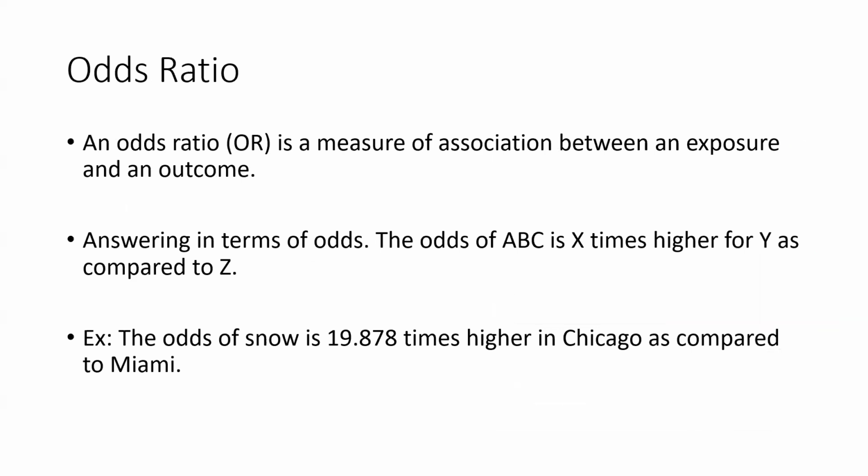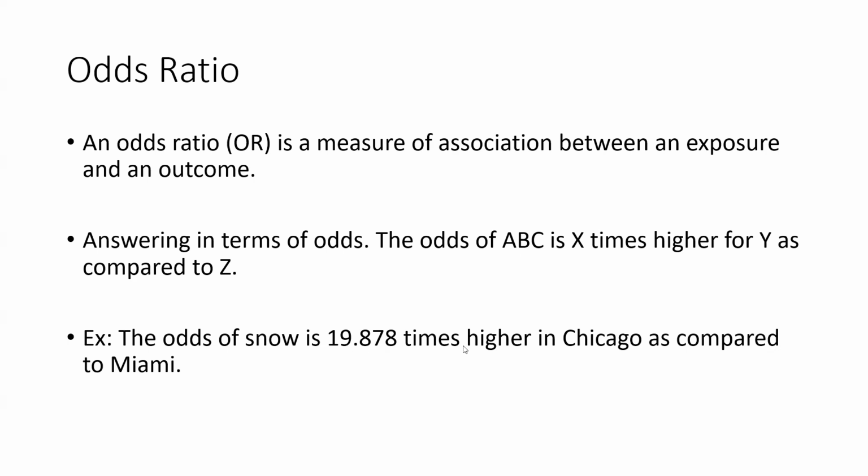All right, so odds ratio is another way of discussing occurrence. An odds ratio is the measure of association between an exposure and an outcome. This is typically how explanations of odds ratio are structured: the odds ratio of ABC is X times higher for Y as compared to Z. We have an example here.